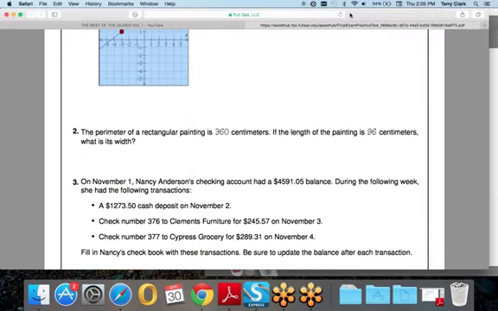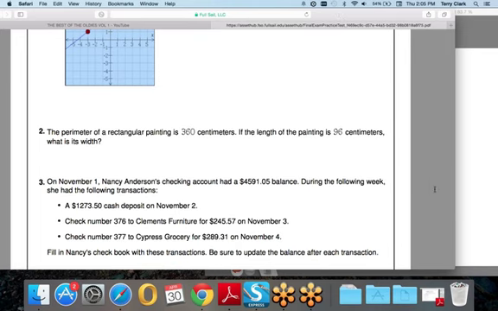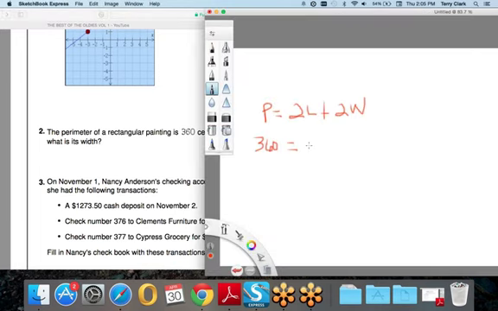We've also been told the length is 96 centimeters. So if the length is 96, we'll just put in 96 for L. And now we simply have to solve for W.